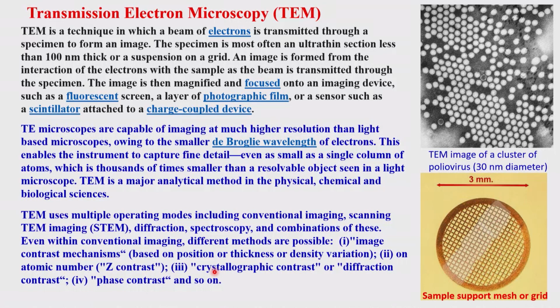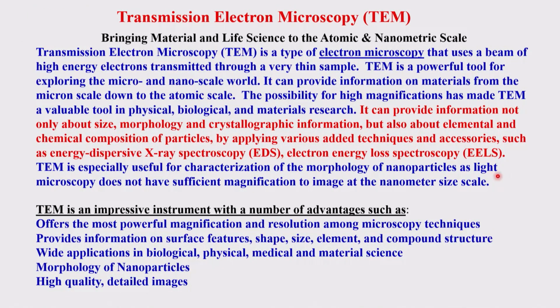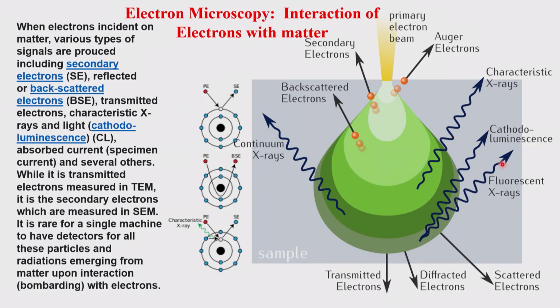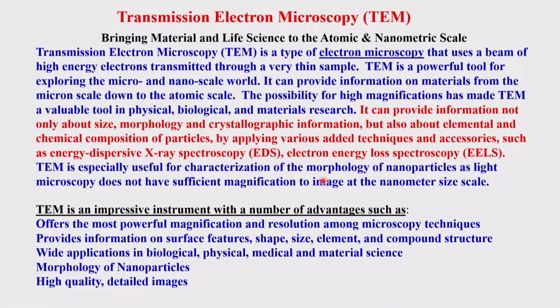You can also do energy dispersive spectroscopy and energy loss spectroscopy, as we have seen, all of these shown from these processes here. So you can attach different kinds of setups to the main TEM setup and measure a large number of things.